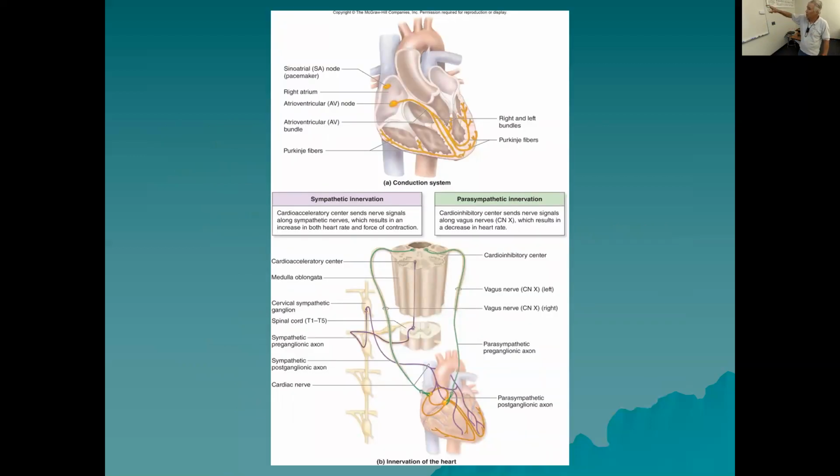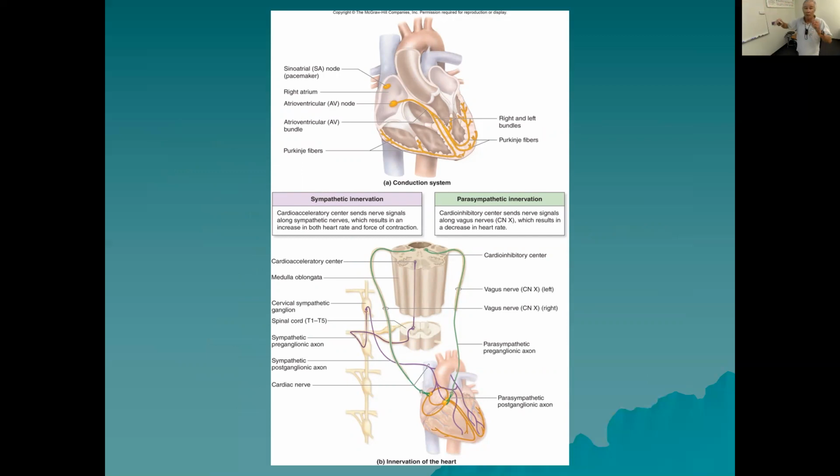Here is the system, SA node on top, superior dorsal right atrium. It fires off, and the action potential travels through the right atrium to the AV node via gap junctions.